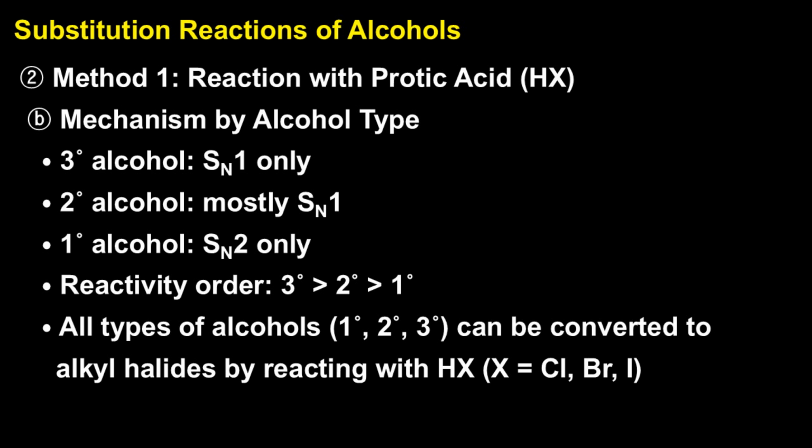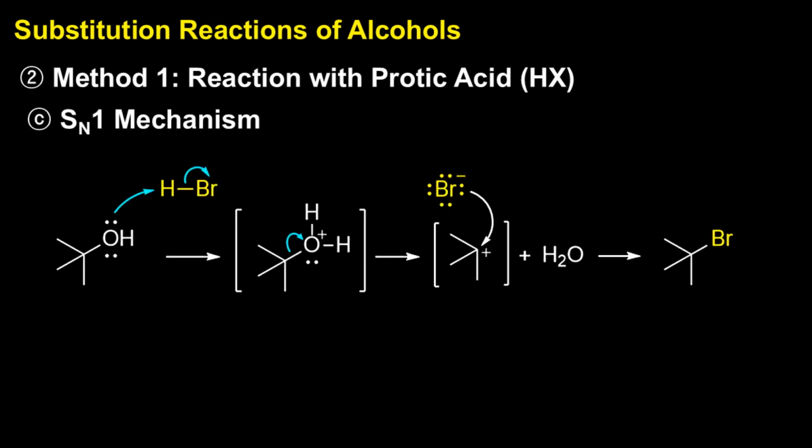And here's the reactivity trend. Tertiary reacts the fastest, then secondary, and primary is the slowest. But no matter which type you have, you can still turn it into an alkyl halide using HX, like HCl, HBr, or HI.